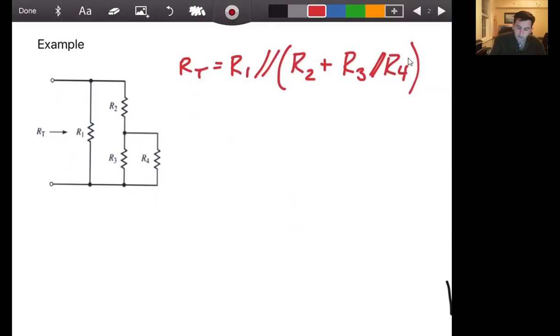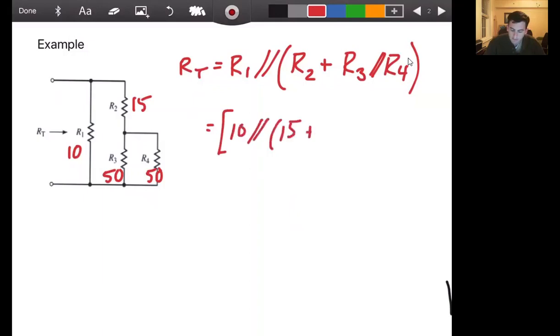If we're given values for each of these, we say R1 is equal to 10 ohms, R2 is 15 ohms, R3 is 50 ohms, and R4 is also 50 ohms. Then we can plug in values here, being careful to keep in mind order of operations. 10 is in parallel with 15 plus R3 and R4 in parallel.